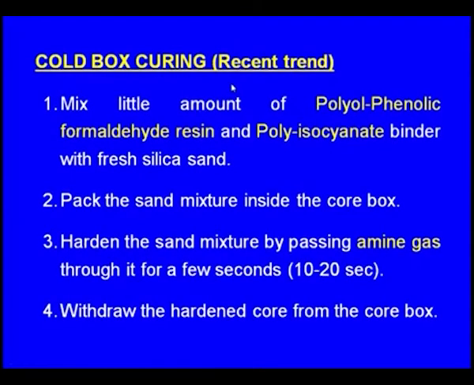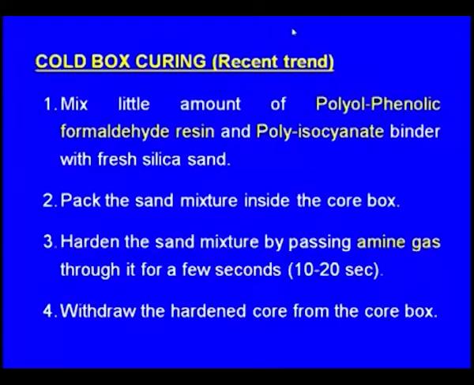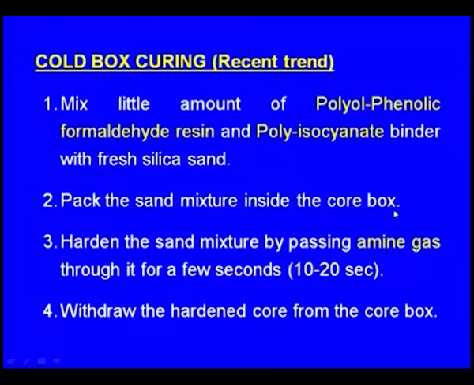Now, recently another method has come. Mix a little amount of polyol phenolic formaldehyde resin and polyisocyanate binder with fresh silica sand. Pack the sand mixture inside the core box. Naturally the core box will have a cavity of the required shape.